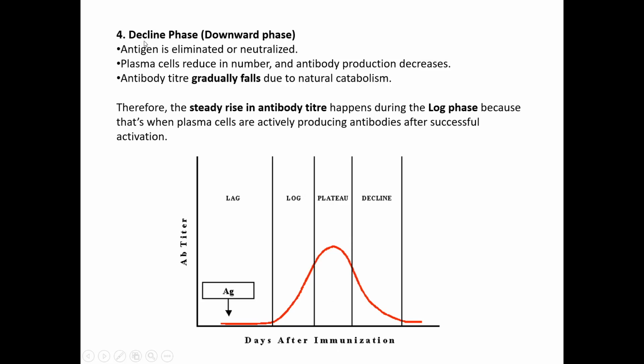Then comes the decline phase. Once the antigen is eliminated or neutralized, the plasma cells reduce in number and the antibody production decreases. Then the antibody titer gradually falls due to the natural degradation or natural catabolic process.